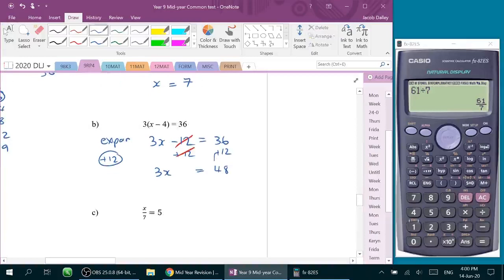Then we want to divide by 3 on both sides. So we're going to divide by 3 step, which allows us to cancel those 3's on that side, and on the other side 48 divided by 3 is 16.